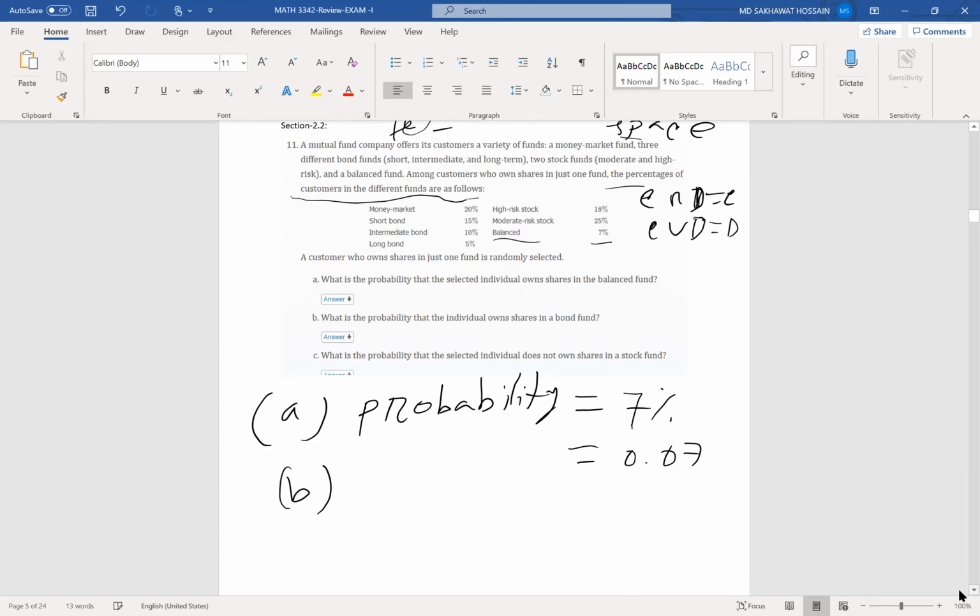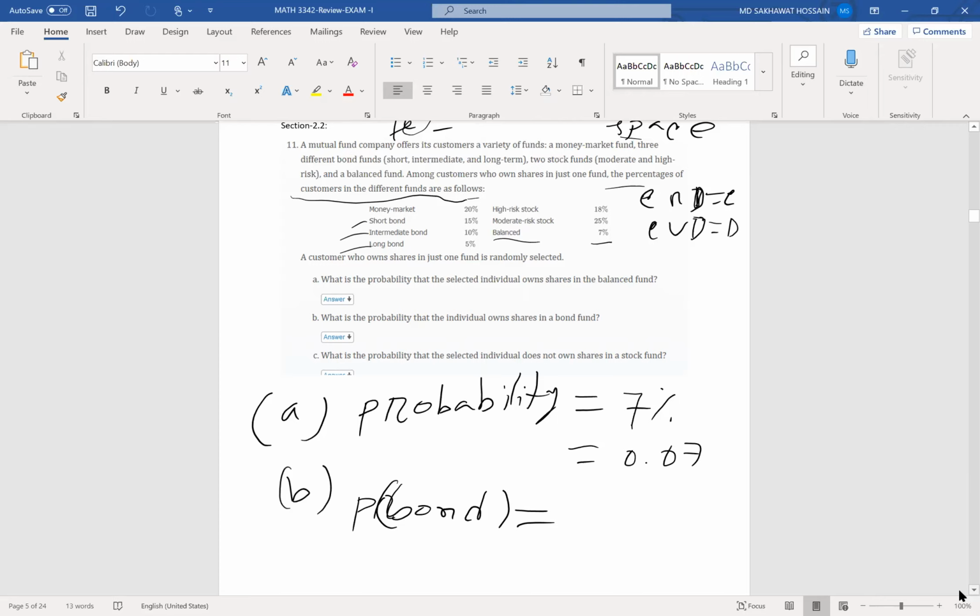Part B is, what is the probability that the individual owns shares in a bond fund? How many bonds do we have here? This is a bond, this is also a bond, this is also a bond.